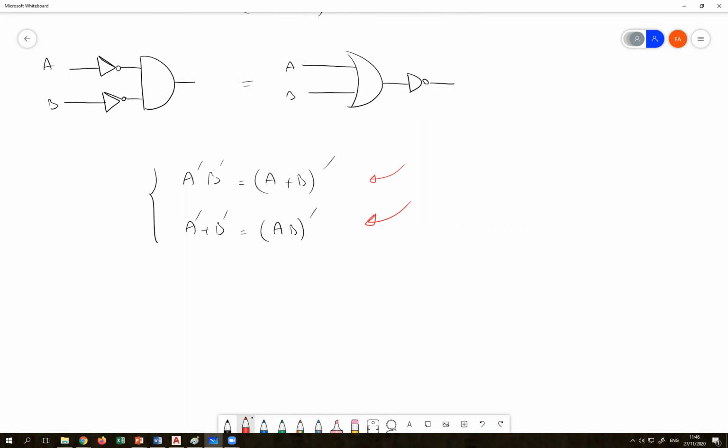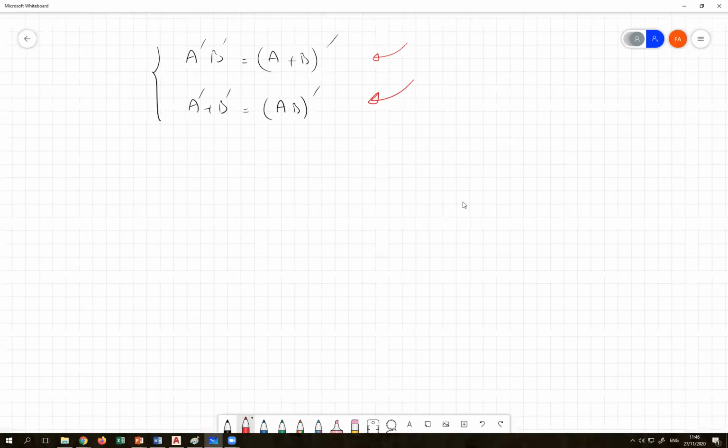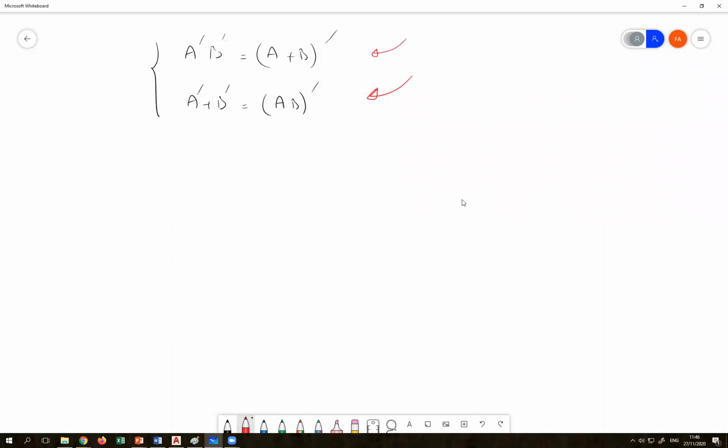Example 1. I want to solve 3 examples, but these rules are important and I want to keep them up here. The first example is A and A or C, all of them not.